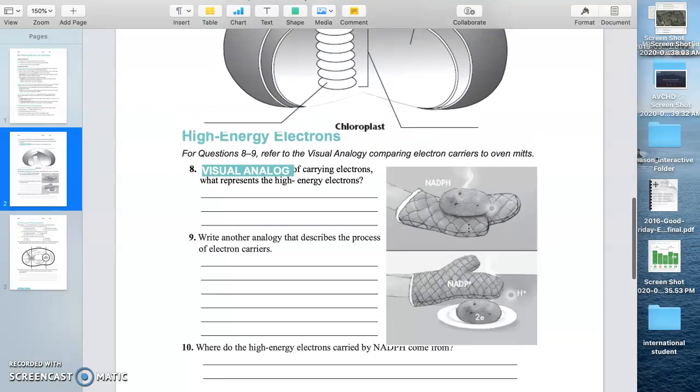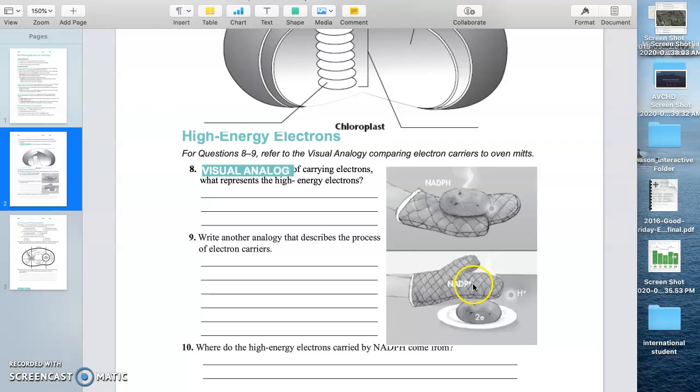Okay, this little section here talks about NADPH as being a carrier of electrons. And they're using a hot baked potato as a metaphor. So the hot baked potato here, it's carrying heat, just like NADPH carries electrons, and then when the potato is put on the plate, the heat is then transferred to the plate, and now the oven mitt is lacking heat.